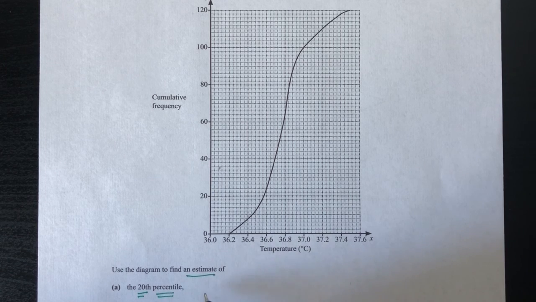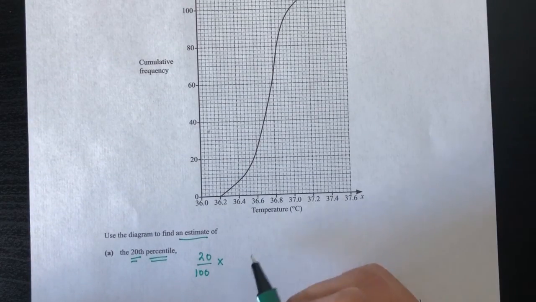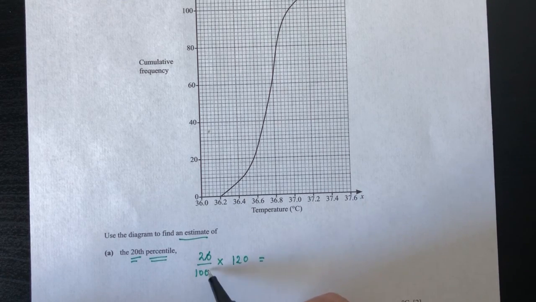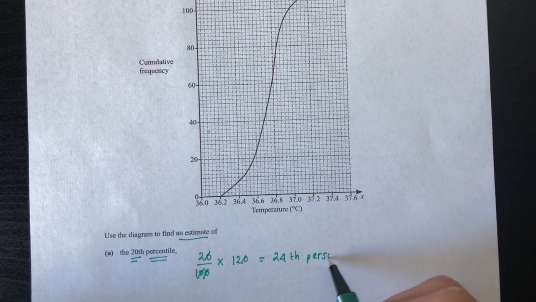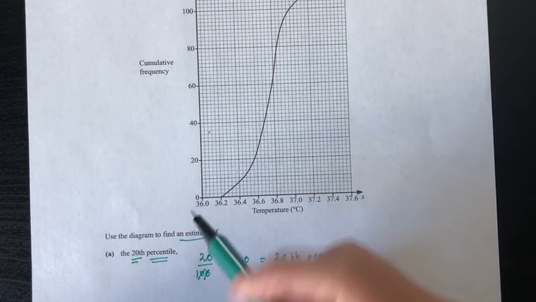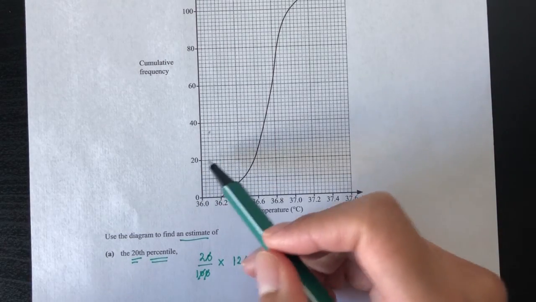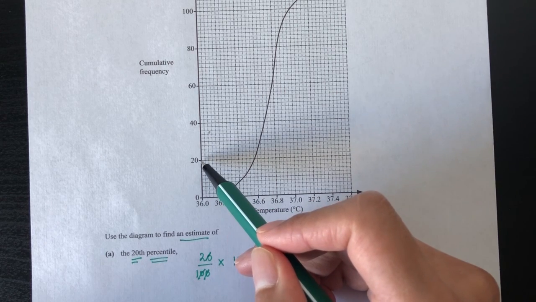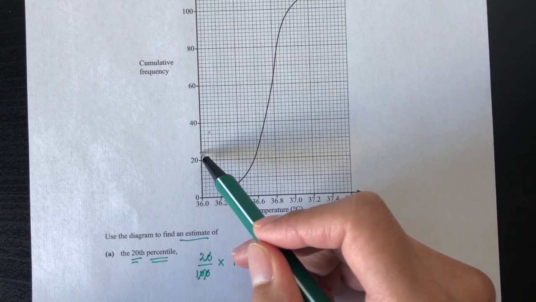So the 20th percentile is just 20 over 100 times the number of people, which is 120. So times 120, what do we get? We get 24, which will be the 24th person on the curve. So let's find that. This is 20, 40, so that will be 30, and 22, 24 will be here.